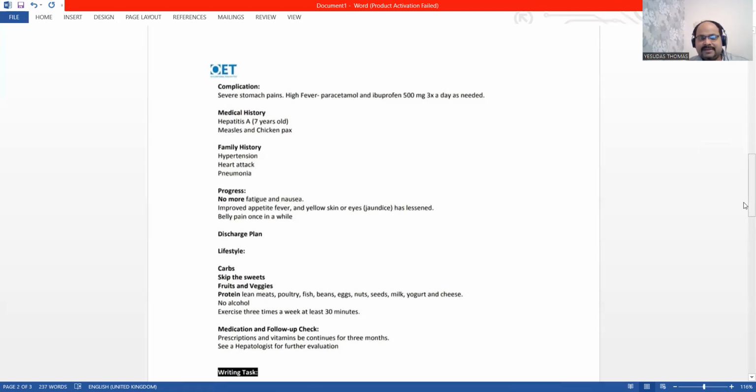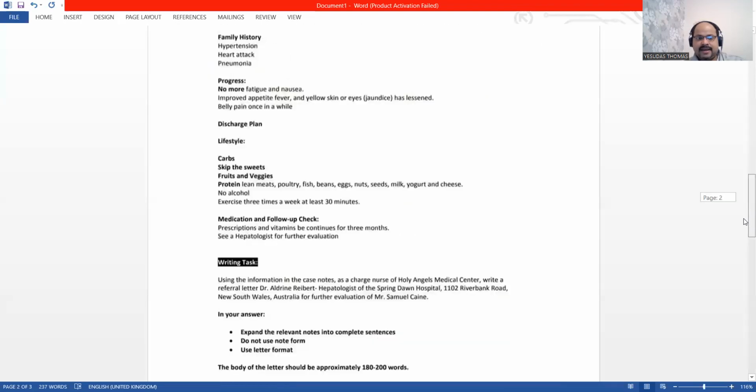So we gave paracetamol 500 mg twice a day, which improved his condition, but the stomach pain still persists. Apart from that, he has no other complications prevailing. Now we have some other important things.